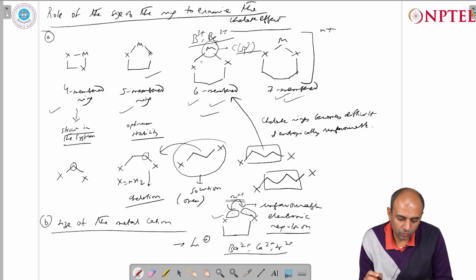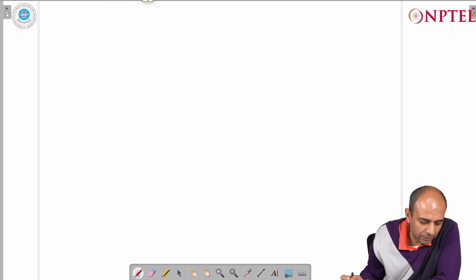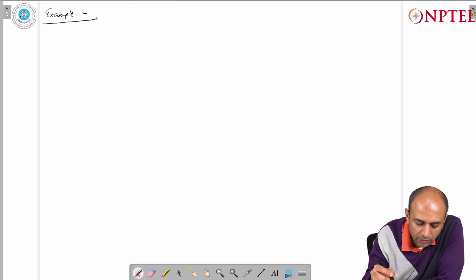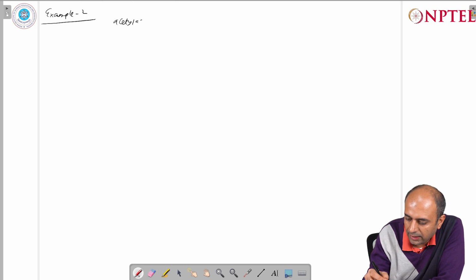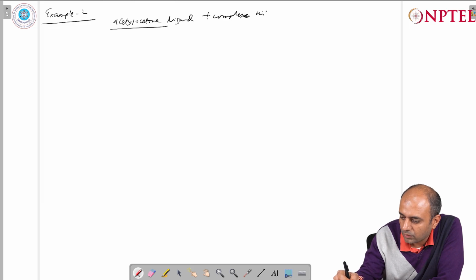And let us look at more examples now, which actually demonstrate the relevance of the Chelate effect. For example, we can now look at example 2, the acetyl acetone ligand and its complexes with metal ions.